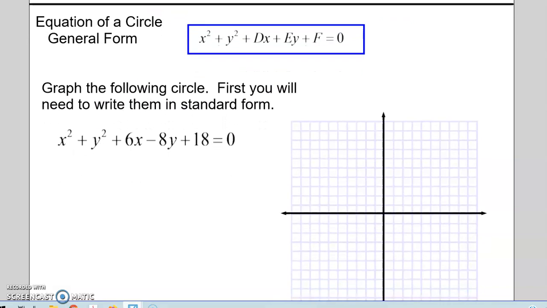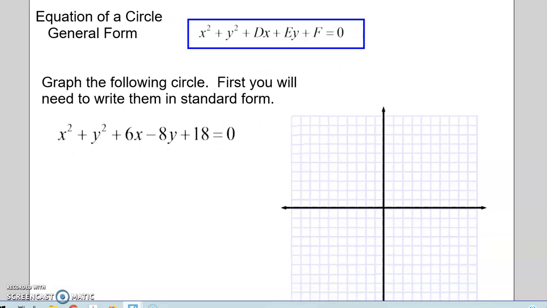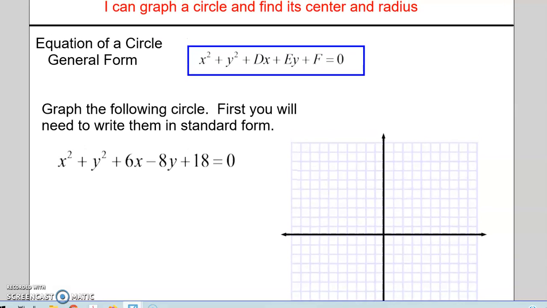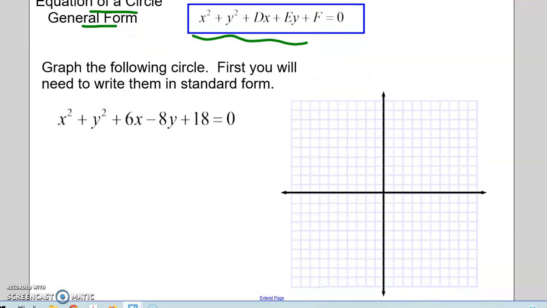Okay, let's look at now some other examples. So we may be given circles that are in a more general form that kind of looks like this. It looks like a whole bunch of terms that are all scrambled. Now, when we look at parabolas and ellipses and hyperbolas, we'll get a better sense of how to tell which kind of equation is what kind, but now we're just starting at circles.